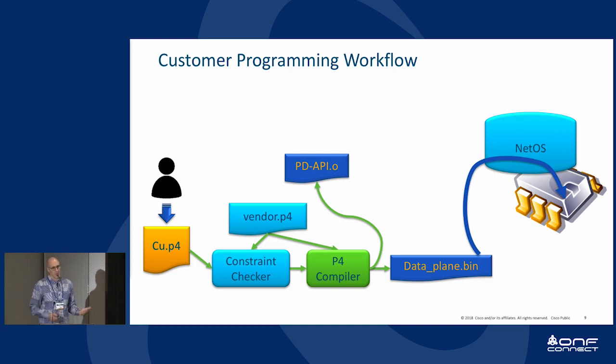So what is the workflow at this point? The idea is the customer will write their additional code. And again, they will just focus on their functionality. They don't have to worry about all the basic functionalities that are already in the vendor code.